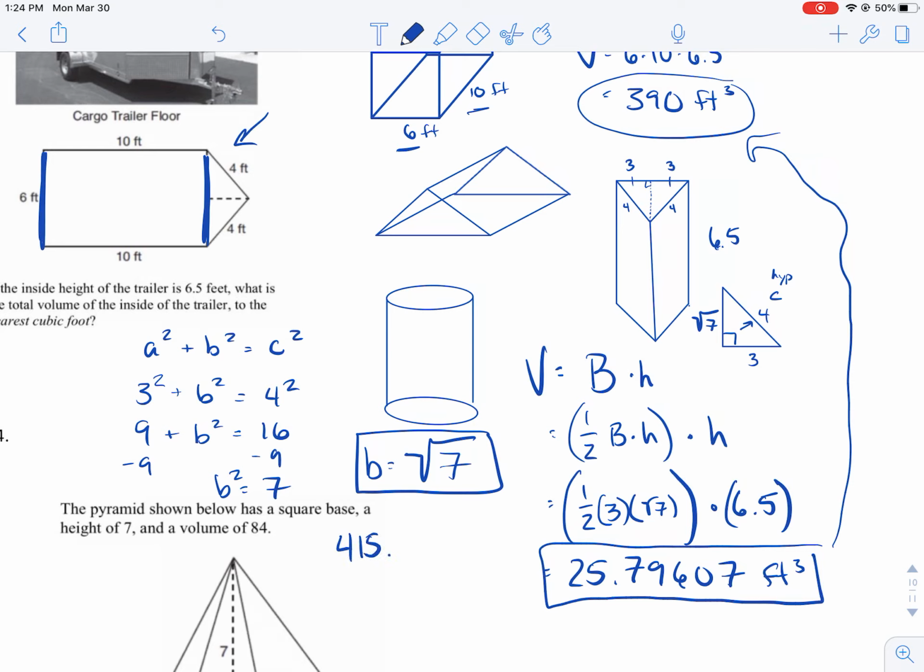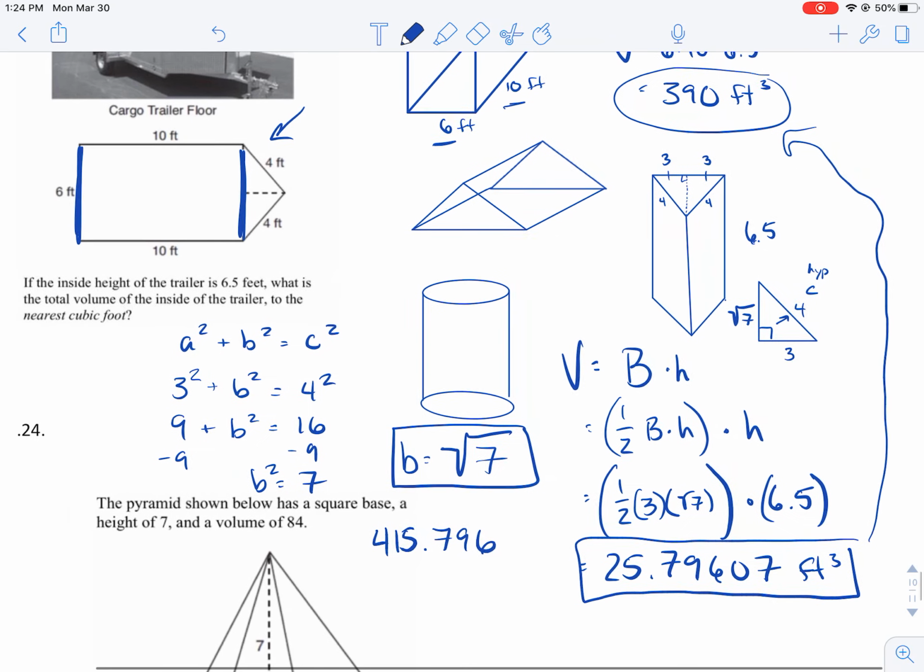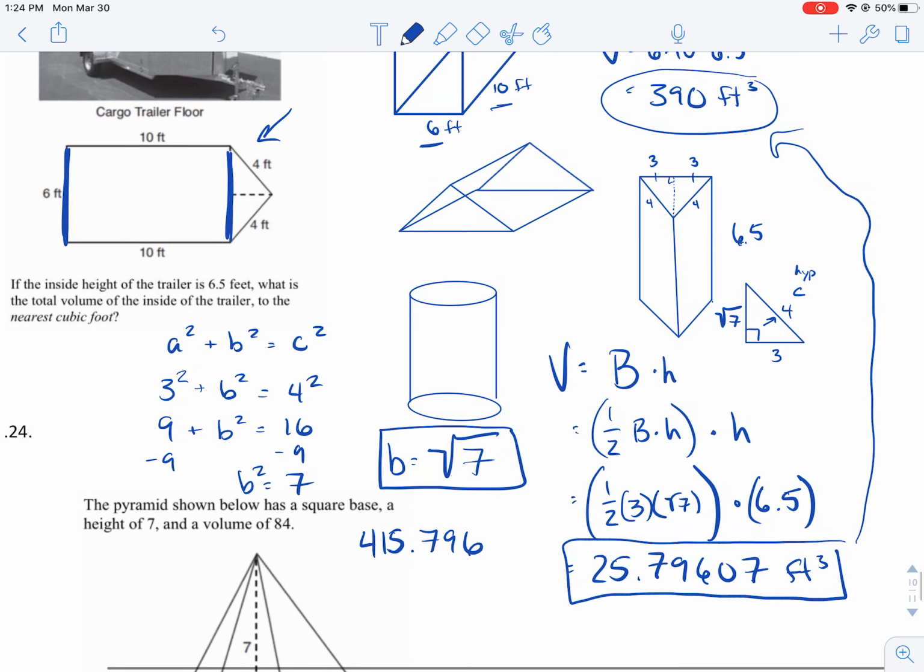All right, and then when you add these two together, you should get 415.796, and it says round it to the nearest cubic foot, which would be 416.